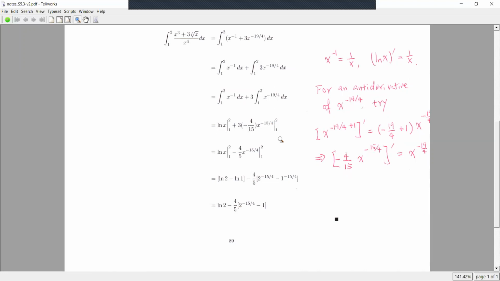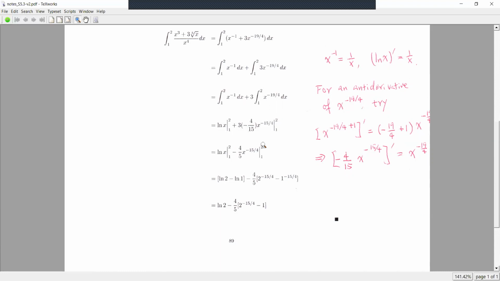Before I plug in 1 and 2, let me simplify the coefficient here. This is negative 4 over 5. Now plug in 2, plug in 1. Plug in 2 in x: natural log of 2 minus natural log of 1.